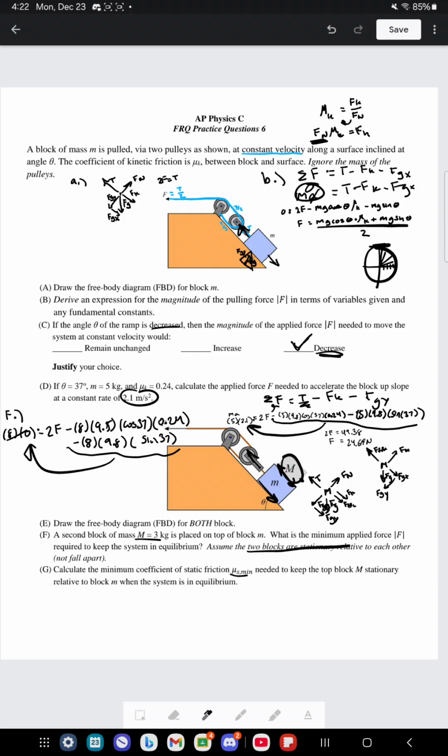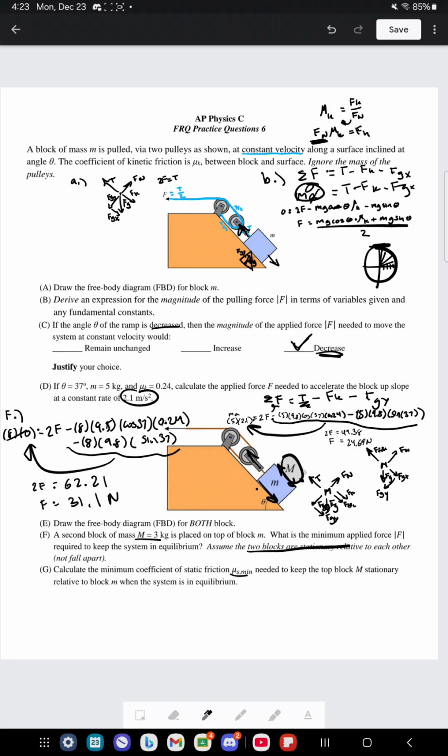That is 62.21, and that divided by 2. So 2F equals 62.21, divided by 2, F equals 31.1. And that is a force in newtons in the positive direction.